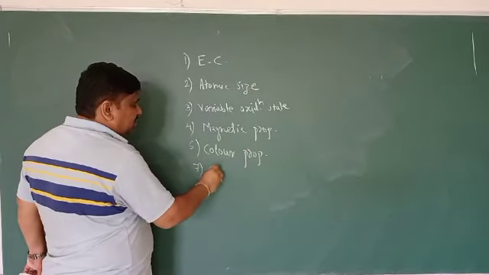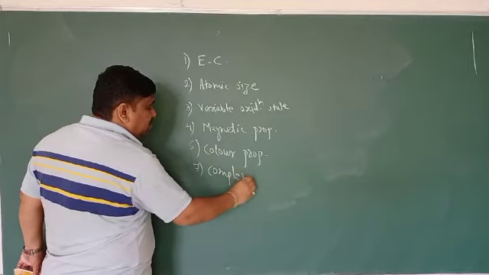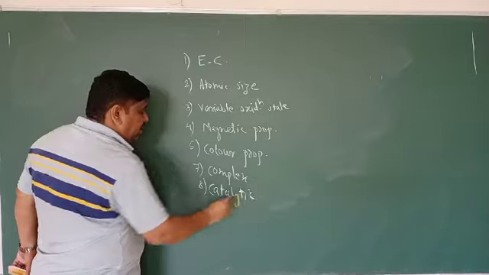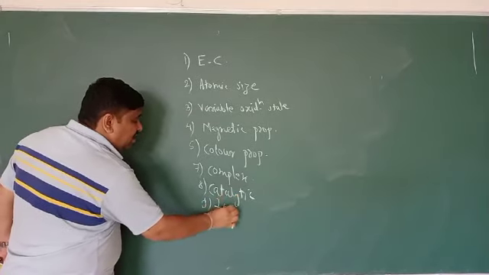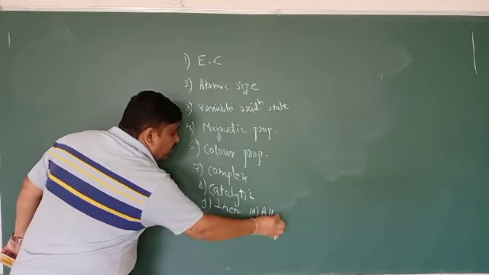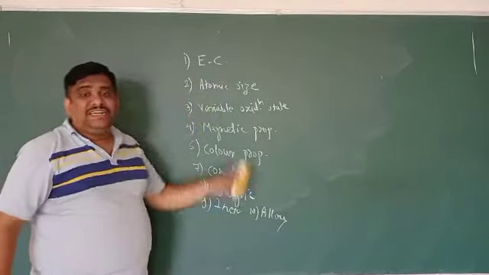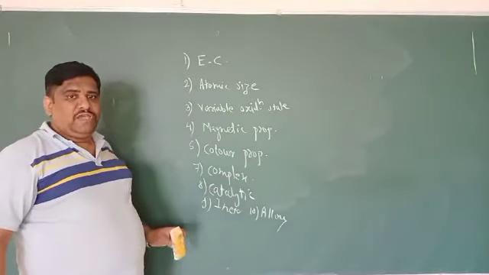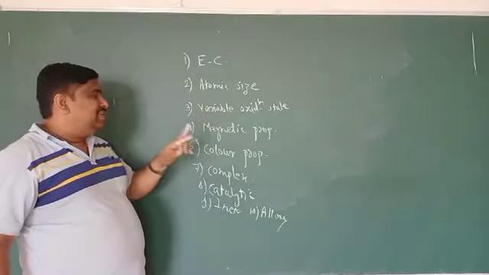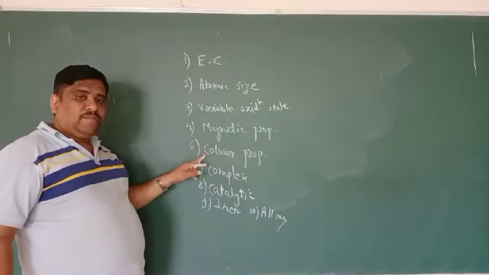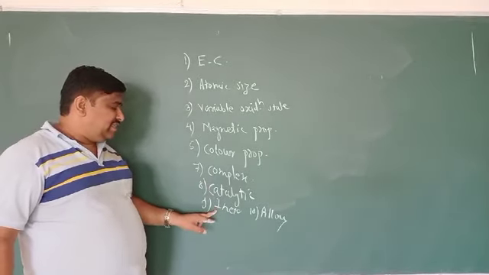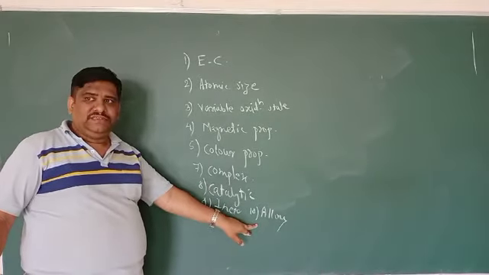Seventh, complex formation. Eighth, catalytic property. Ninth, interstitial compounds, and tenth, alloy formation. So these are the 10 properties we have discussed in the d block elements: electronic configuration, atomic size, variable oxidation state, magnetic property, color property, complex formation, catalytic behavior, interstitial compounds and alloy formation.